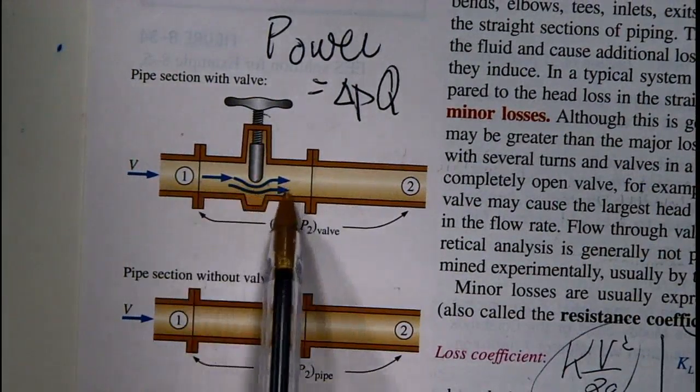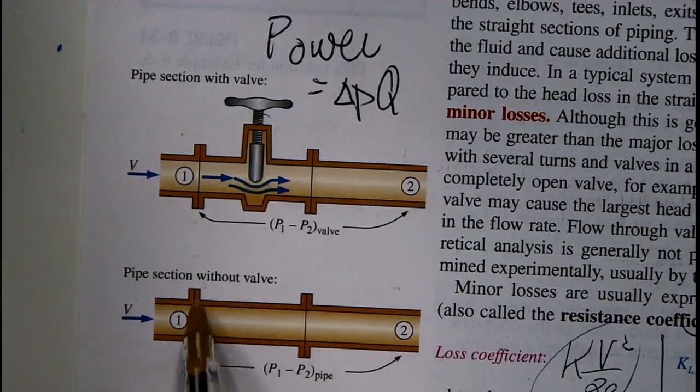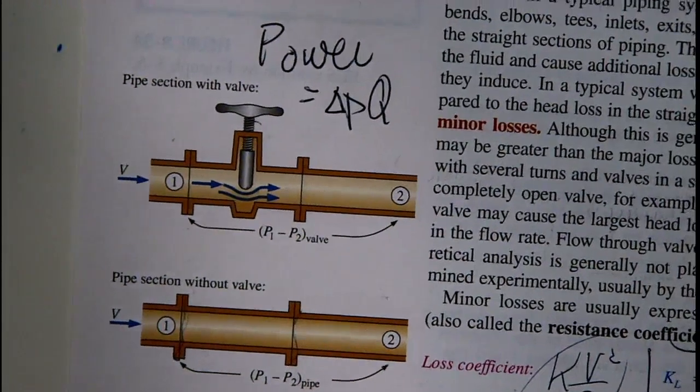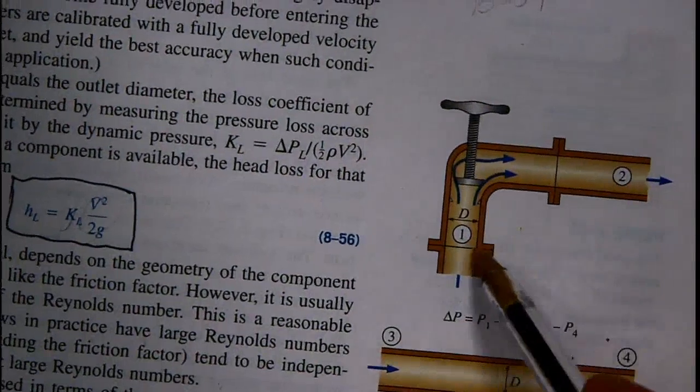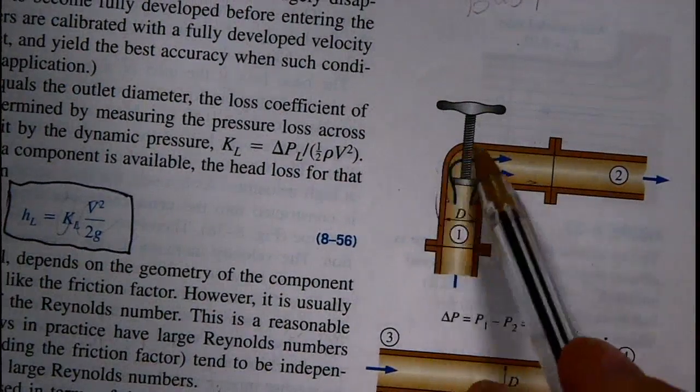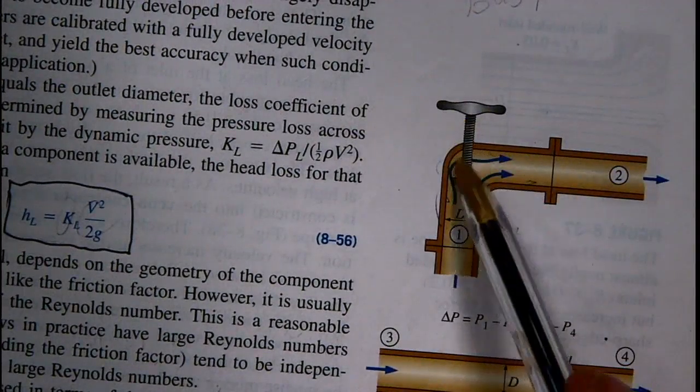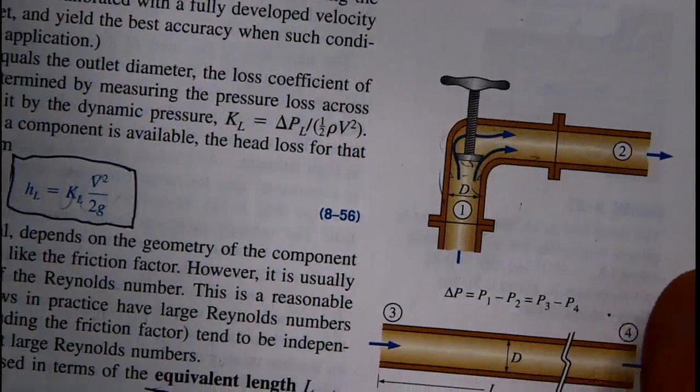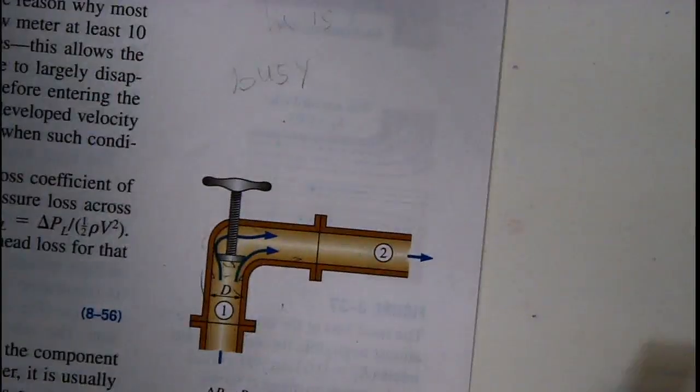You have pressure drop there. You have pressure drop maybe due to the flanges sitting there. Okay. You may have pressure drop due to an elbow, right? Or in this case, there's a valve in here. You have a pressure drop due to a valve.